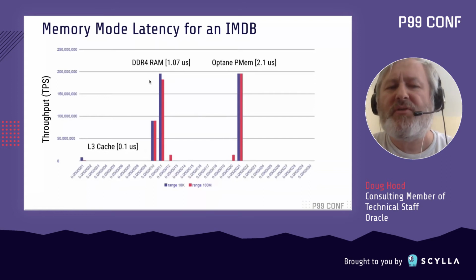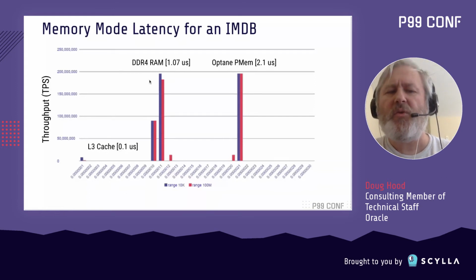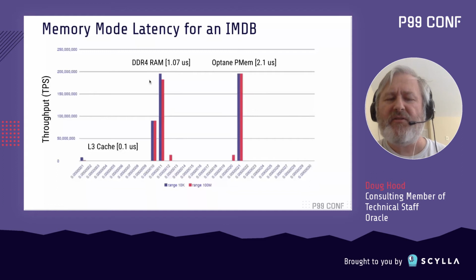So it's kind of a normal distribution. What we're seeing here is, based on the working set size, we're either hitting DRAM, which for my workload is taking about a microsecond, or if I change the working set size such that it will not fit in DRAM and it's hitting persistent memory, it's taking about 2 microseconds.